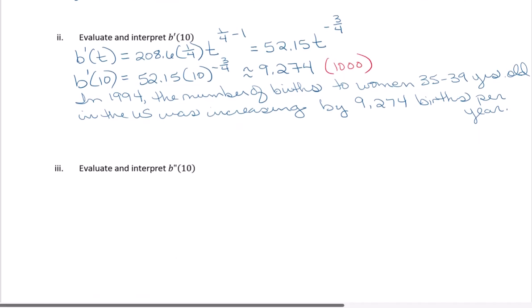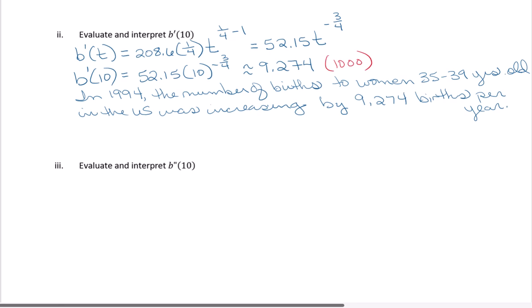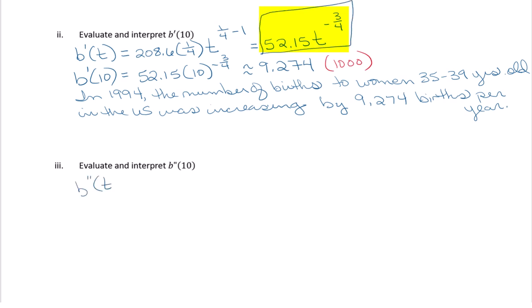Now let's scroll down to part 3, where they want us to evaluate and interpret the second derivative at 10. We would take the first derivative function and take the derivative again, and we would get a negative 39.1125 t to the negative 7/4.